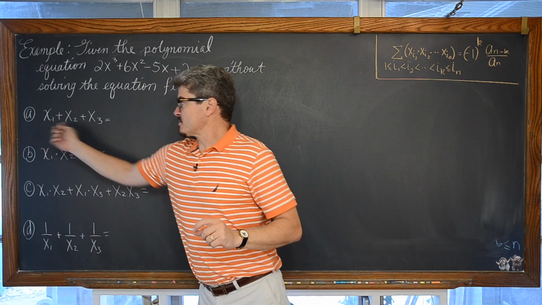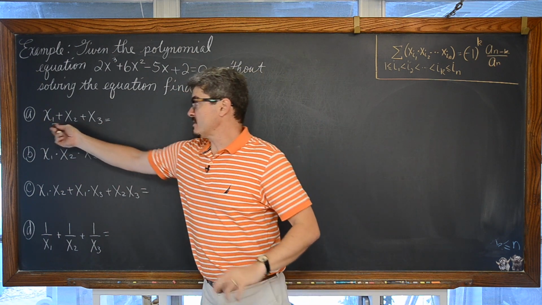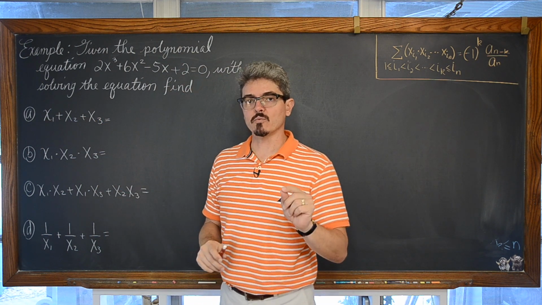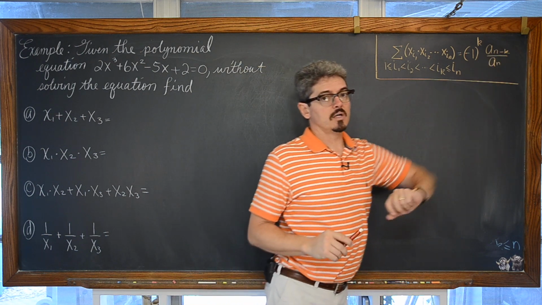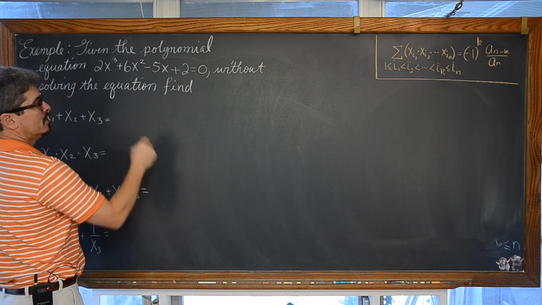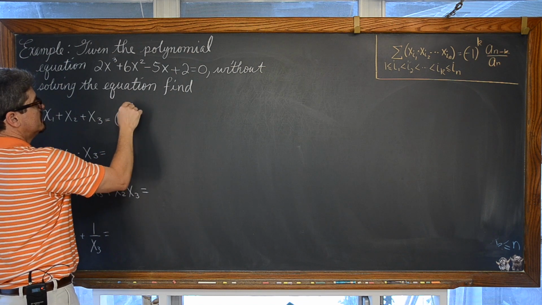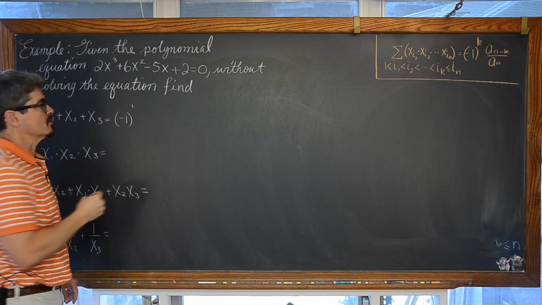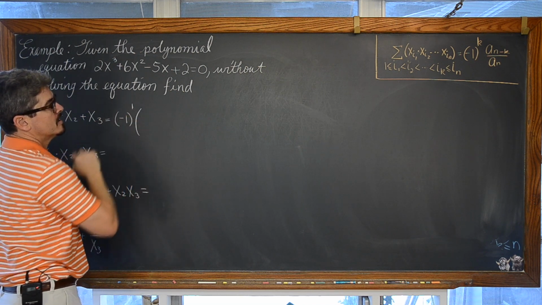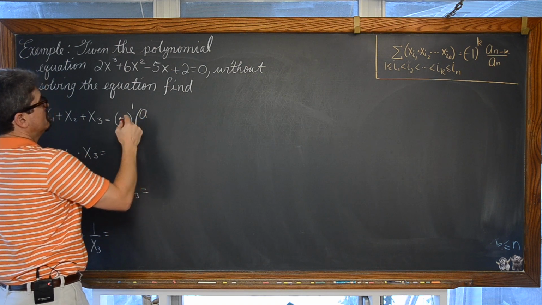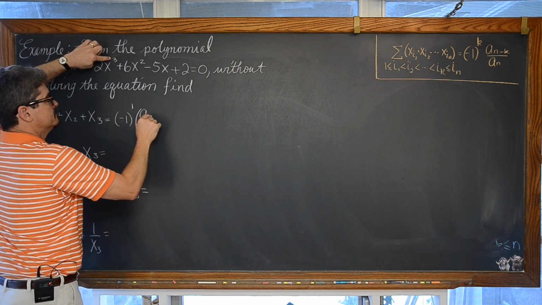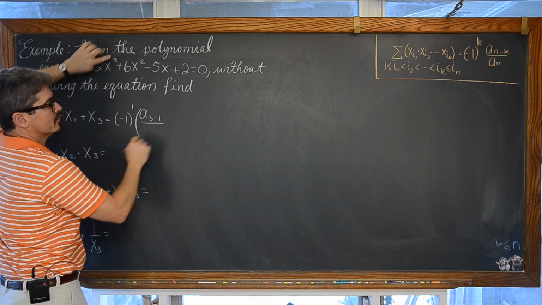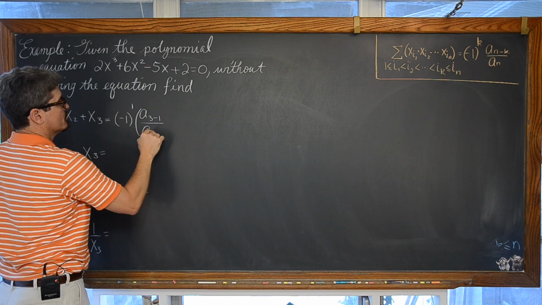So when we look at our first expression here that we're trying to evaluate, it's just simply the sum of the roots, where each of our terms only has one factor, which means that k is going to be equal to 1. So this is going to be equal to negative 1 to the k power, the number of factors in each of these terms, so negative 1 to the first, times a sub, well, this is 3, the degree of our polynomial, minus k, which is 1, over a sub 3.